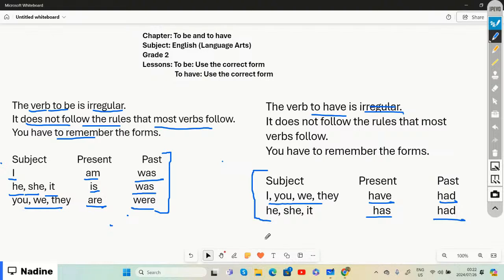Once again, if we have our subject, which is either I, he, she, it, you, we, and they.